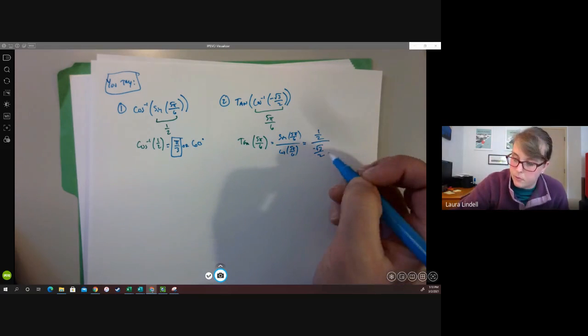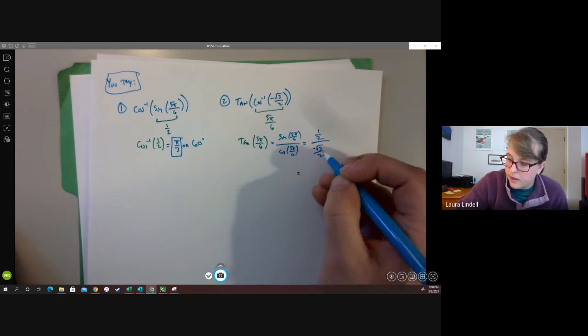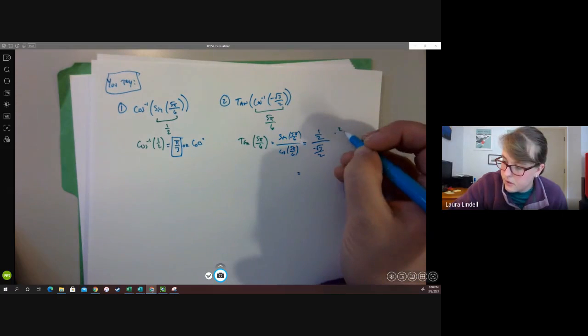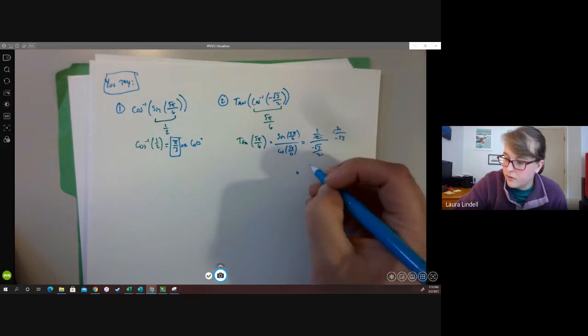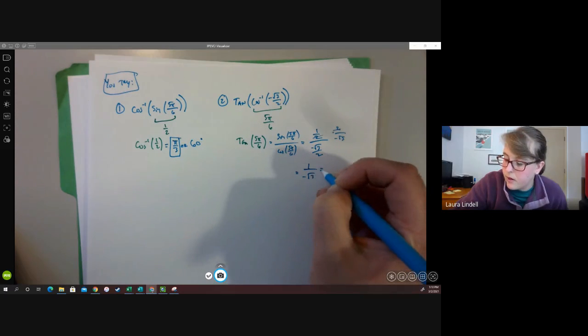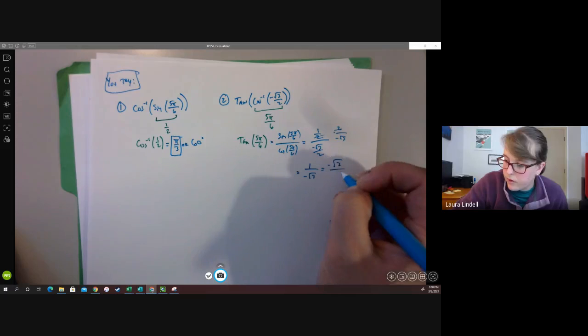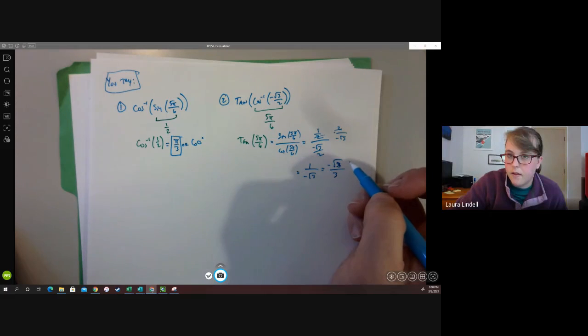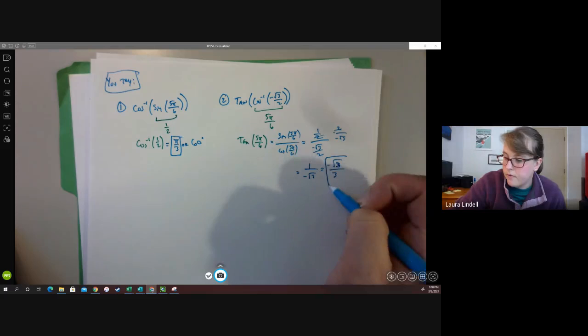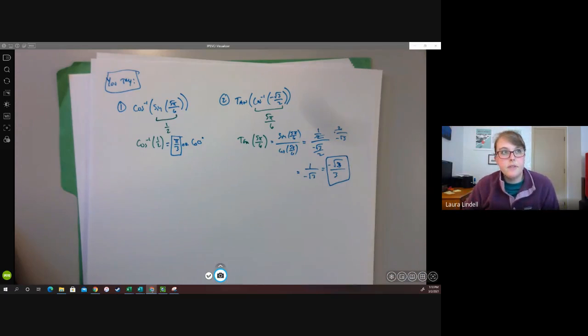So then we flip and multiply, and we get, so times 2 over -√3. The 2's cross cancel, 1 over -√3, which is -√3 over 3. For our value of tangent.